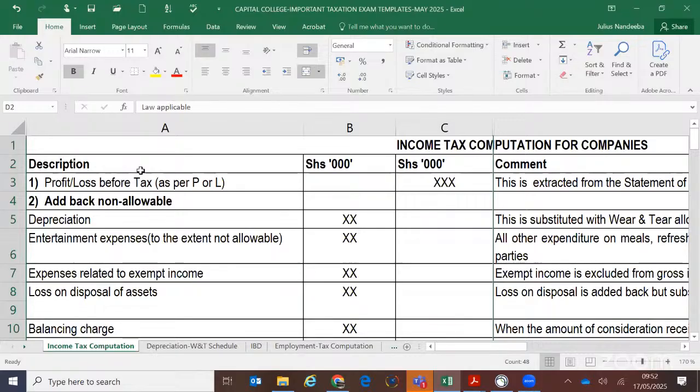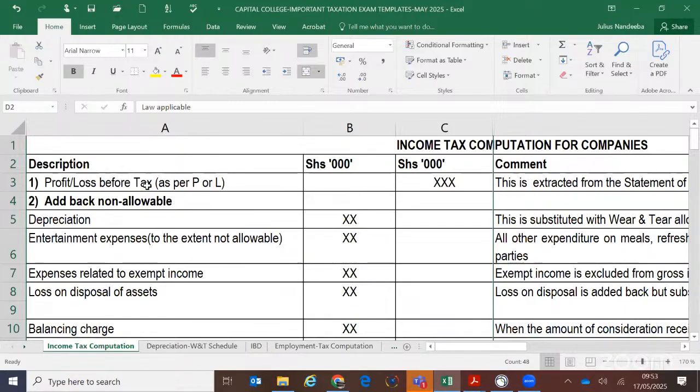This profit is going to be affected by 2 things for you to get to the chargeable income. It is going to be affected by the expenses that you added back and the items that you subtracted. So I have the add backs and I also have the allowables to be able to get to my first item called chargeable income. So I get my profit, number 1, profit or loss before tax, which I'm extracting from the statement of profit or loss, and I add back the non-allowables.